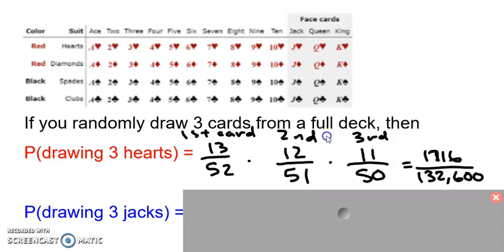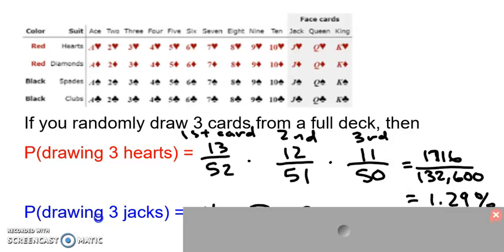So now the probability of grabbing a second heart changes. Same thing with my third. So I end up with this ratio here, because I have to multiply the probability for each heart, and so that's 1.29%, so pretty low.